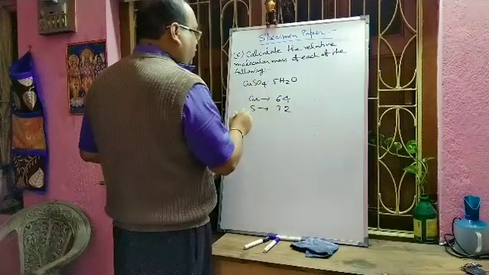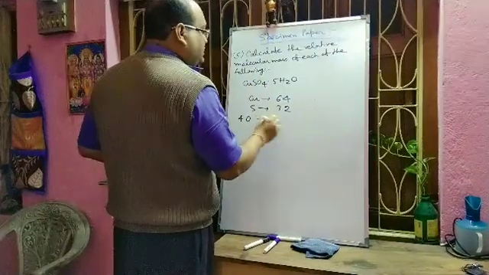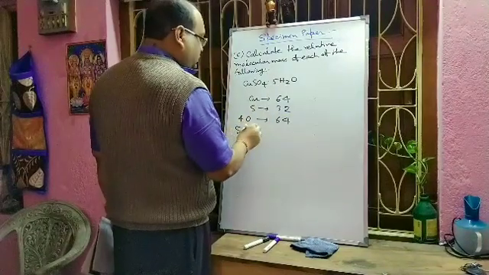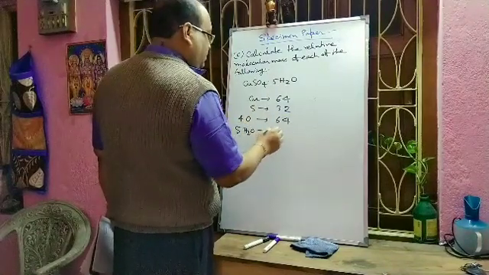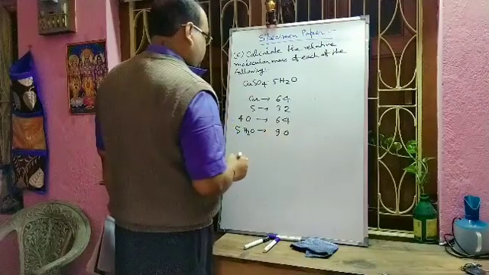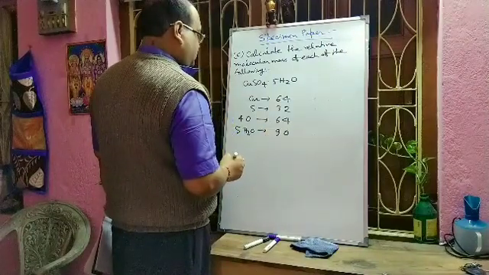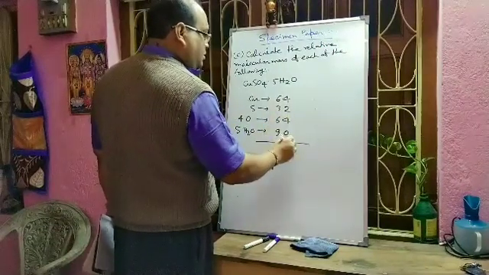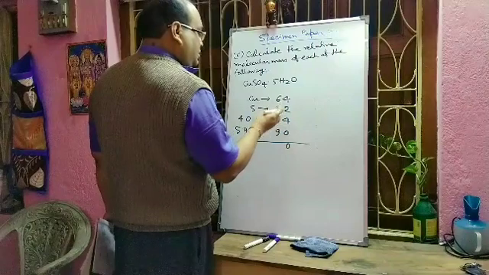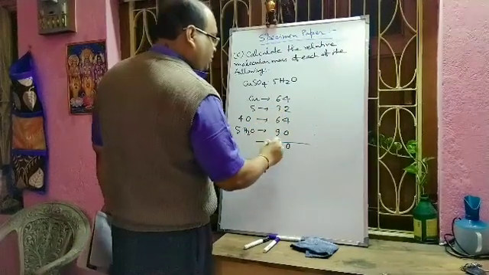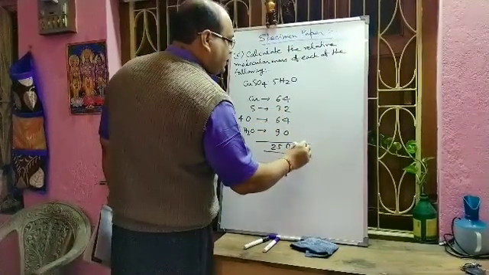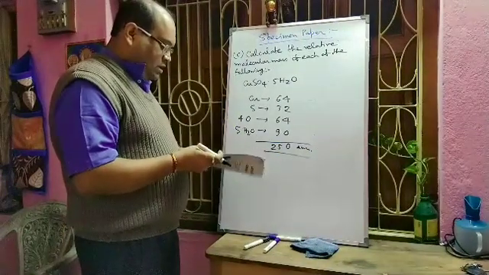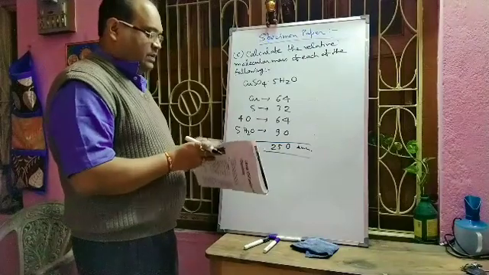Oxygen will be 4, 4 oxygen, that is coming 64. 5 water, that is coming 90. So total is coming 250. 250 amu is coming. So that will be the mass of the hydrated copper sulfate.